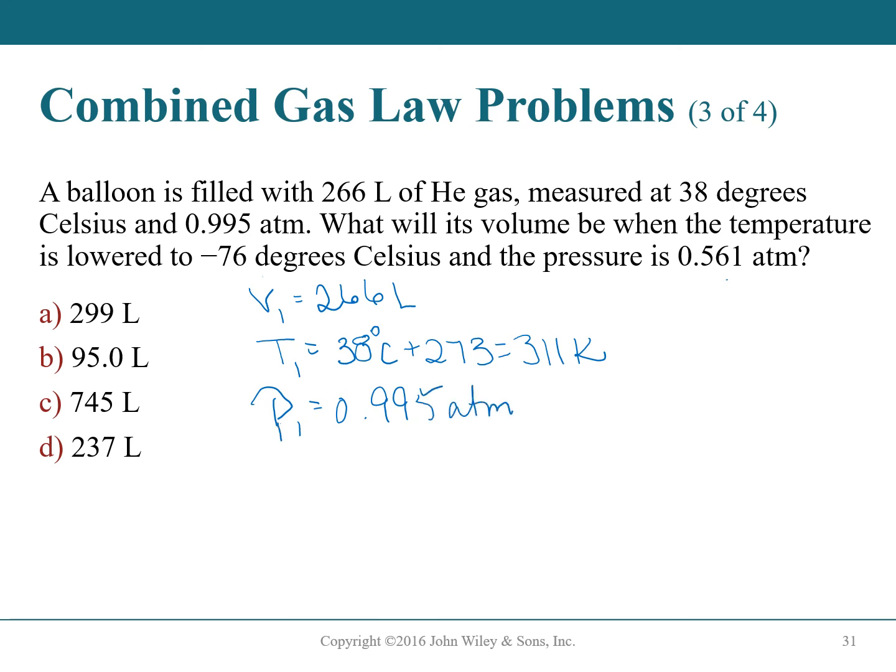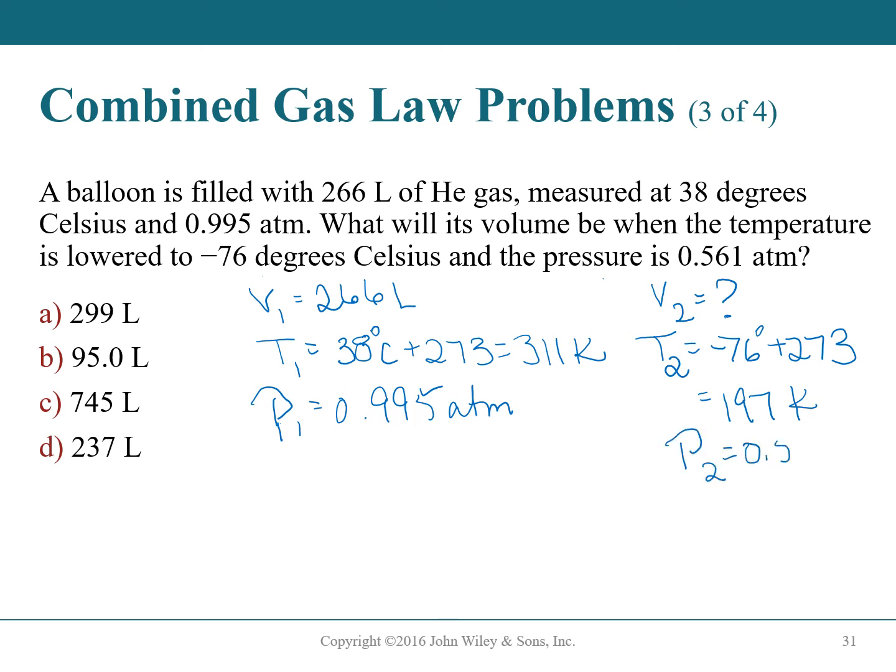Okay, so V2 is what we're looking for. T2 is going to be equal to minus 76 degrees plus 273. So that's going to be equal to 197 degrees Kelvin, and P2 is equal to 0.561 atmospheres.